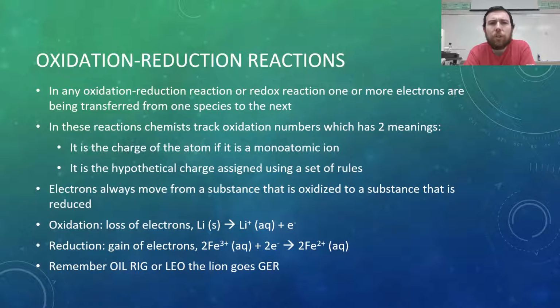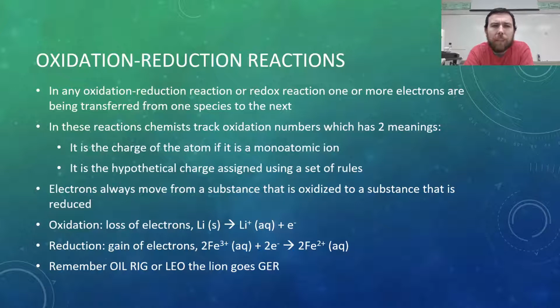For example, the sodium ion, Na1+, has an oxidation number of +1, because that's its charge in that particular ion. However, in redox reactions, it's going to be based off of a hypothetical charge that's assigned using a very specific set of rules. So as we look at redox reactions, we're going to need to focus on that second bullet point going forward.